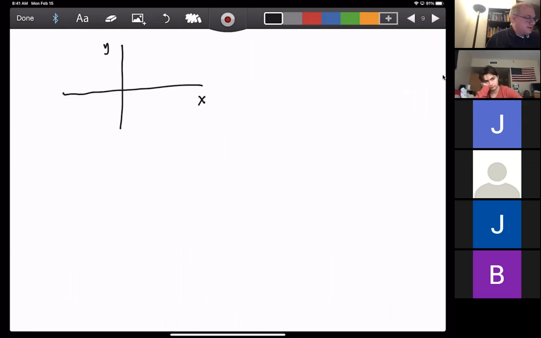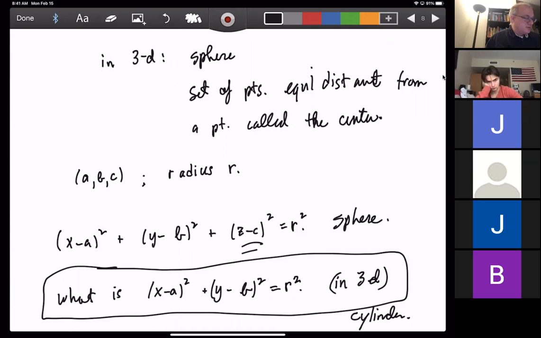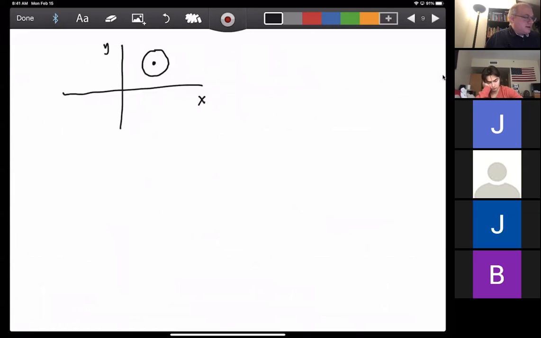Yeah, that's exactly right. So I've got my center AB. I draw my circle in 2 dimensions around it. If I was working in 2D, that would be a circle, right? This would be a circle. So now in 3D, what I need to think about is I've got X, I've got Y, I've got this point that lives in my XY plane.